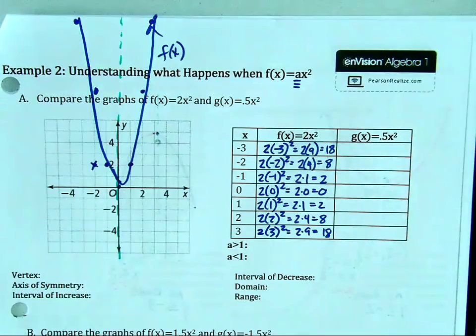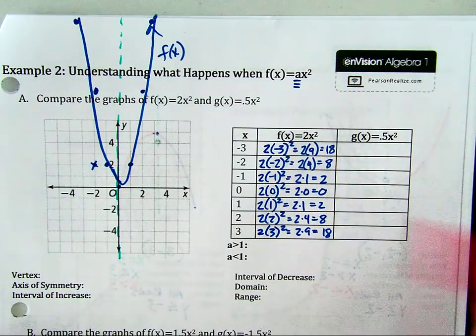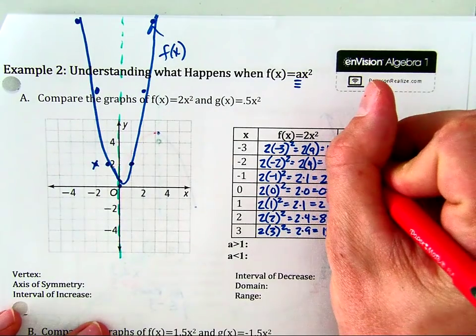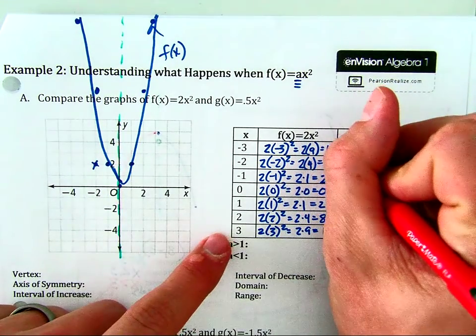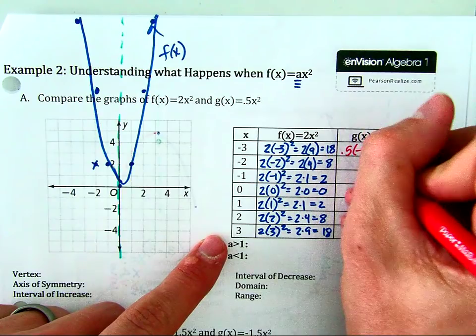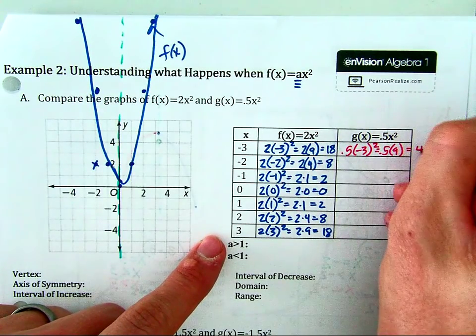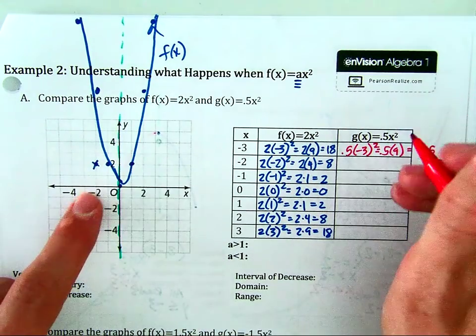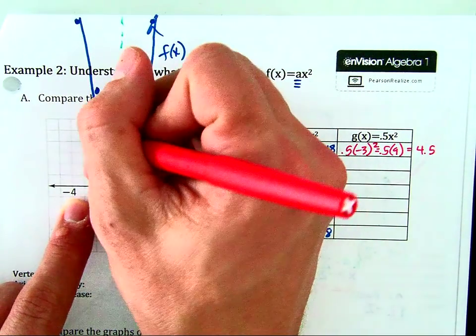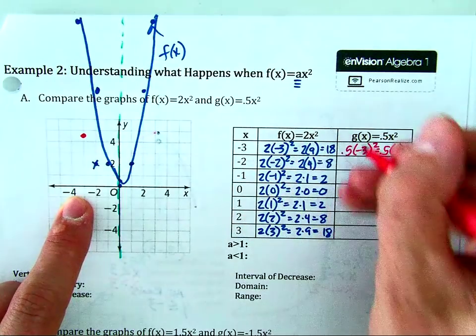Now let's take a look at the next one. This one is 0.5 times x squared. So we're going to say 0.5 times -3 squared. That's 0.5 times 9, which is 4.5. So when x is -3, y is 4.5. 0.5 times -2 squared.